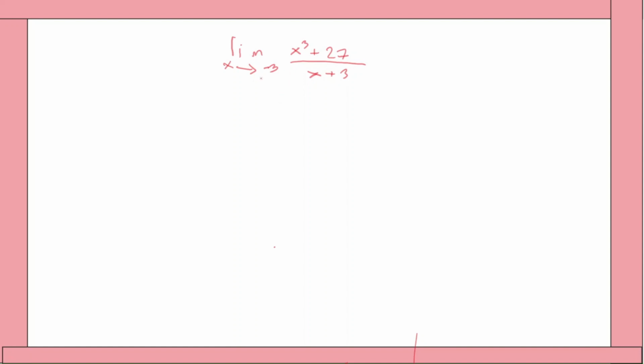But what we really need to do here is factor x cubed plus 27. If you don't know how that works exactly, just remember that we have this general formula for the plus version of the cube, where the first thing cubed plus the second thing cubed equals x plus y, so basically the cube roots of them, multiplied by x squared minus xy, and then also plus y squared.